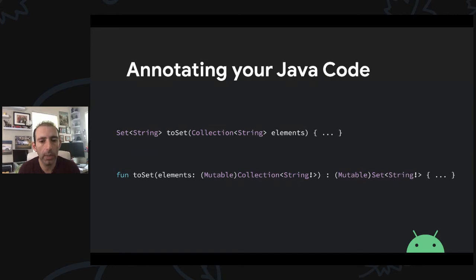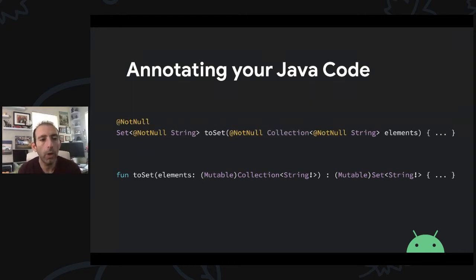If you try to call this from Kotlin, you need to add the exclamation marks because Kotlin has no idea if the input and the output are null or not. They can be null, so it expects a nullable input and a nullable output. This is because, once again, in Java any reference can be null, while in Kotlin it's optional.